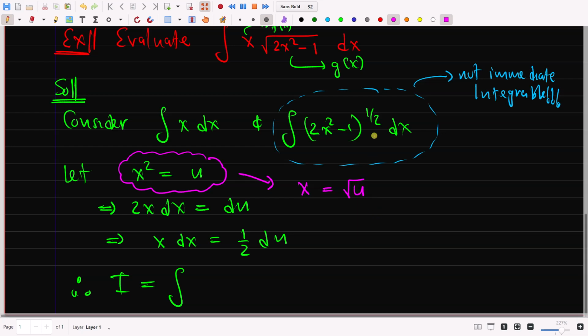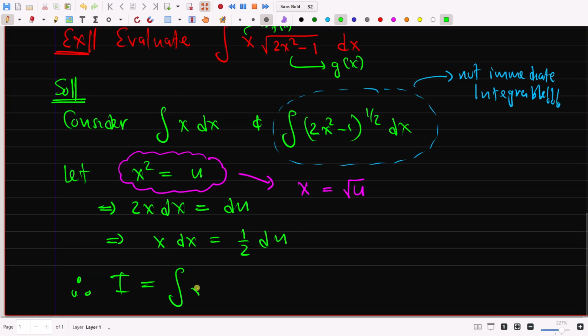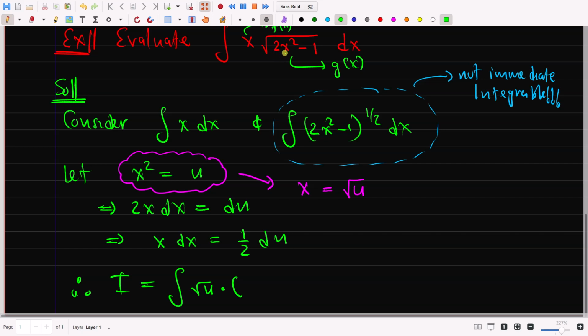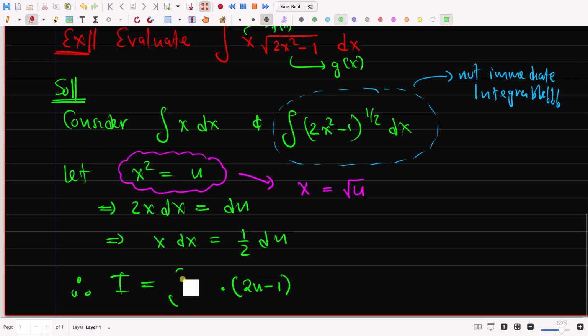So x becomes root of u, and x squared is replaced by u, so we get 2u minus 1, all to the power of... no, sorry. I made a mistake that was going to cost us a lot.